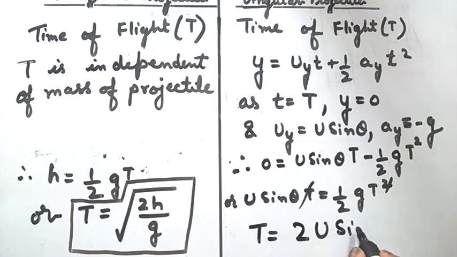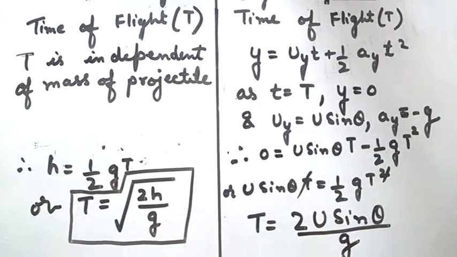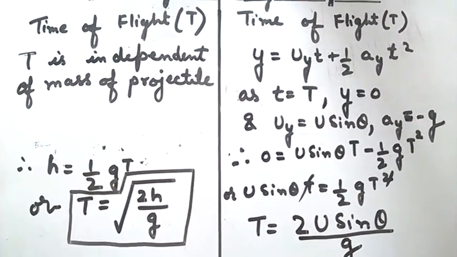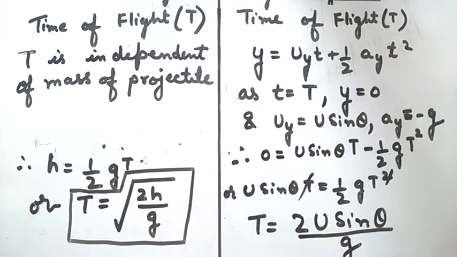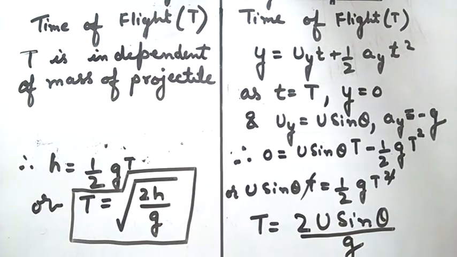Here also we can see that time of flight does not depend on mass of a projectile, but it depends on the initial velocity as well as on the angle of projection of a projectile.